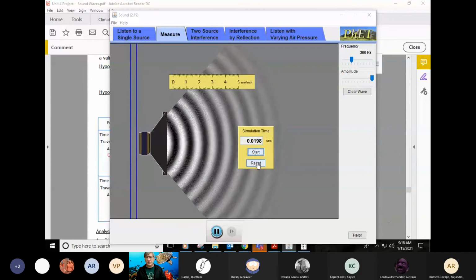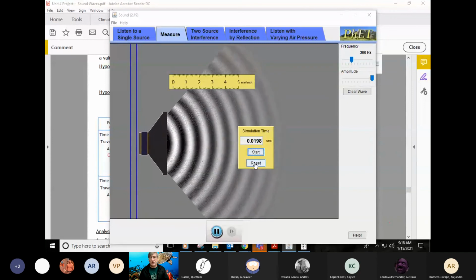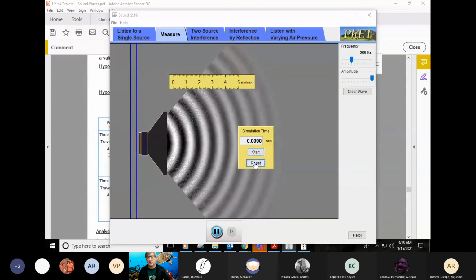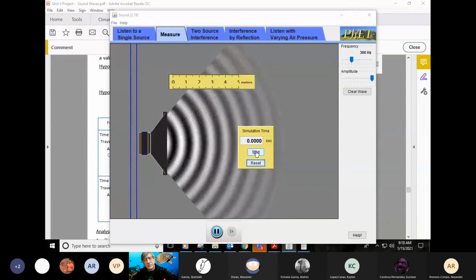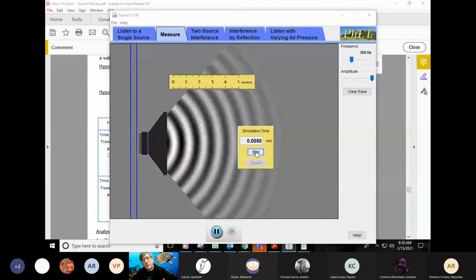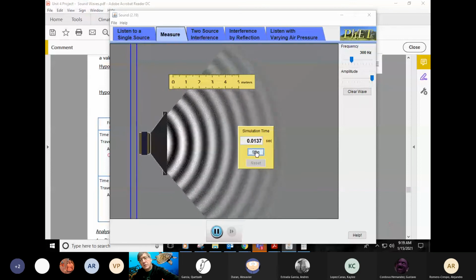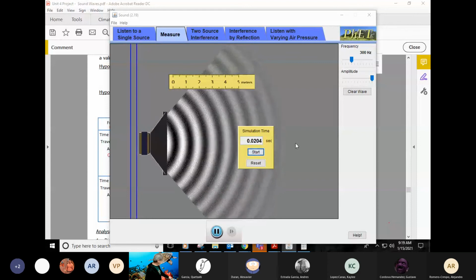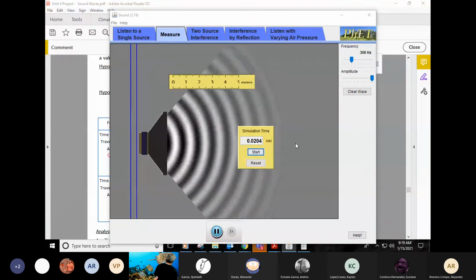Get that on your data table, and we'll do trial 2. Here it comes. 0.0204.